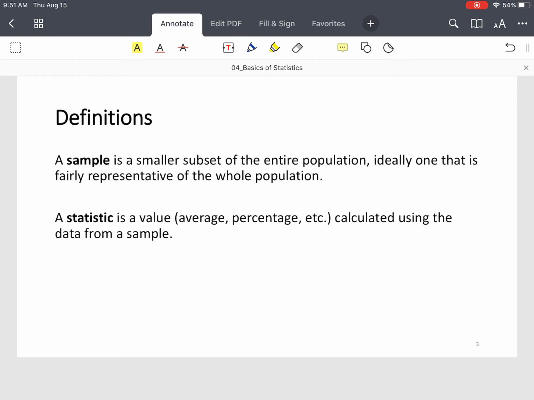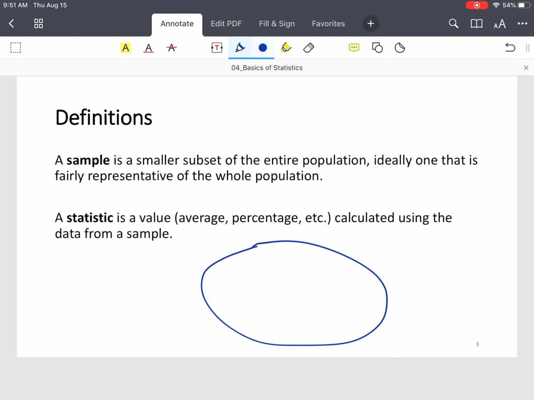All right, where everybody has the same opportunity to be selected for the sample, regardless of the subgroup or subgroups that they belong to. All right, so you've got this big population, and let me draw it so you could visualize it. All right, so you've got a population.